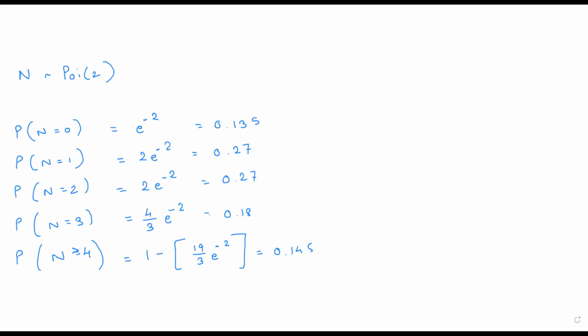So any doubt in this particular part, kindly mention a yes or a no in the chat box. If not, then I'll proceed to the second part. Okay, no doubts. Fine.